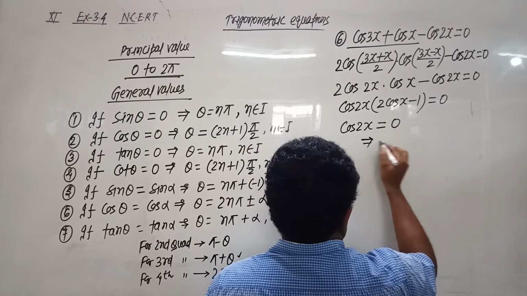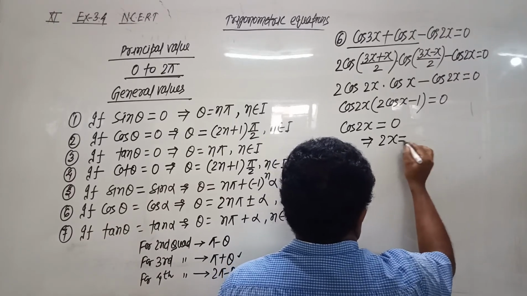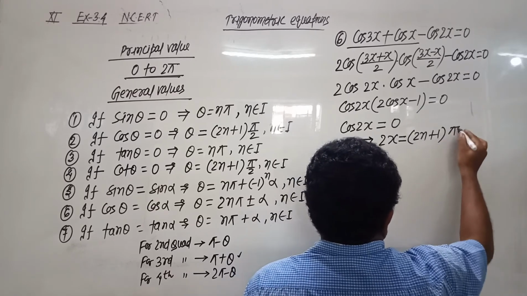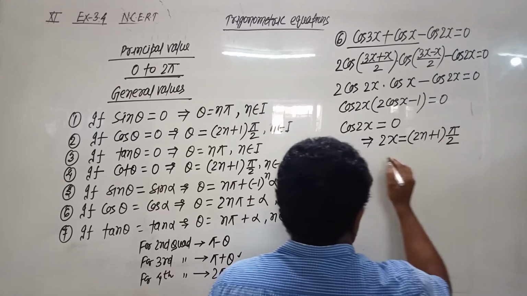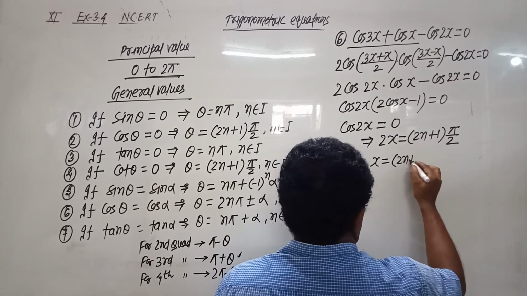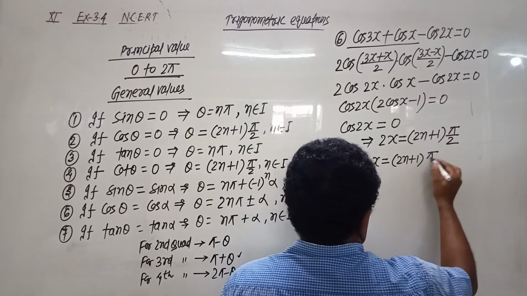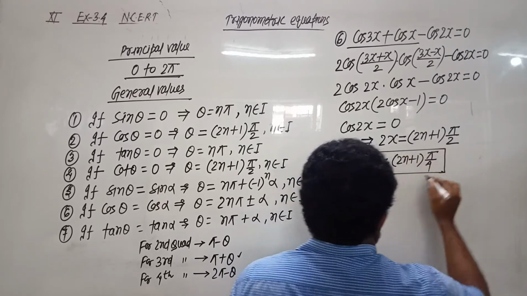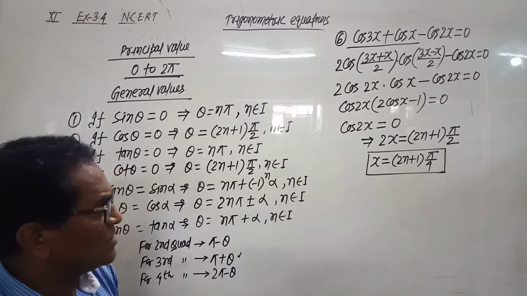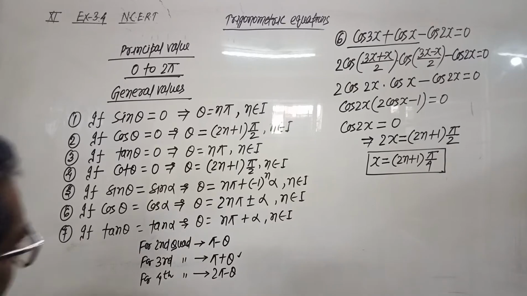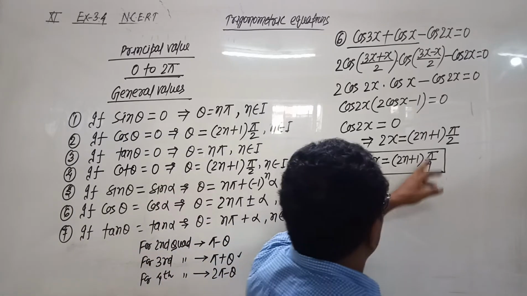So theta, meaning 2x, equals to (2n plus 1) into pi by 2, and by cross multiplying, we get x equals to (2n plus 1) into pi by 4. So this is the first general value when cos 2x equals to 0.